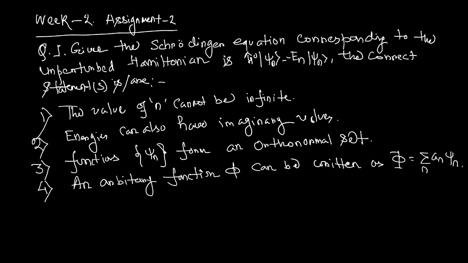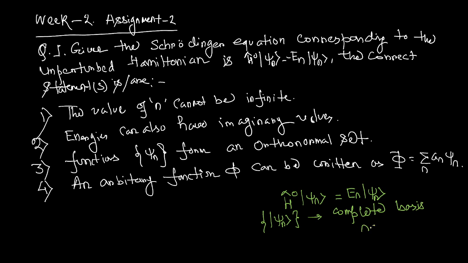So as I mentioned previously, if the unperturbed Hamiltonian yields the energy term, this one, then psi n forms a complete basis, and n can be anything, any integer number up to infinity.